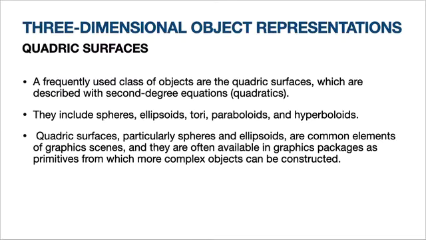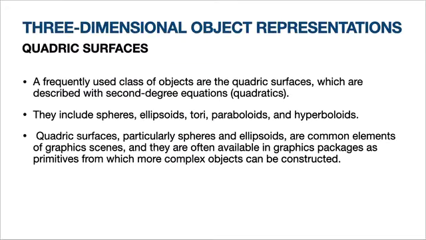Examples are spheres, ellipsoids, tori, paraboloids, hyperboloids. So these are some examples of quadric surfaces. We are going to see the representation of spheres, ellipsoids and torus here.